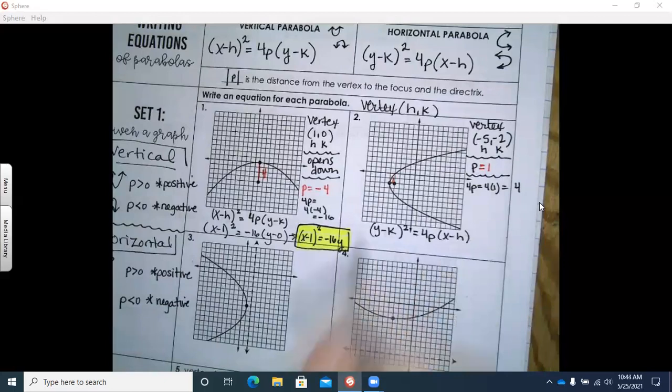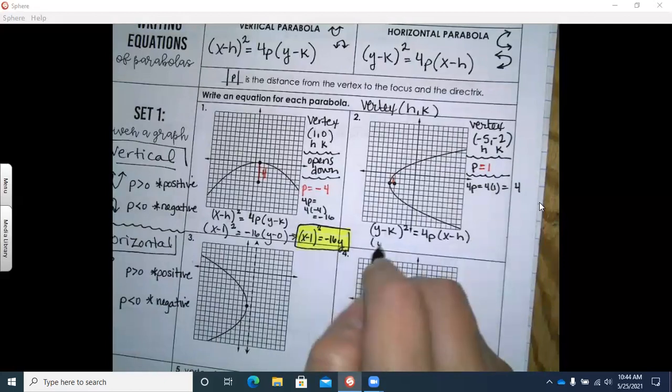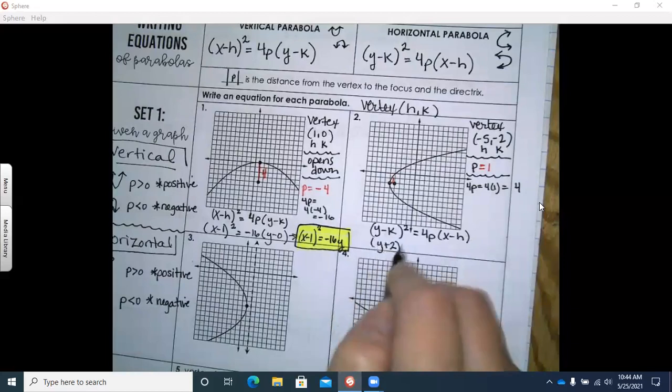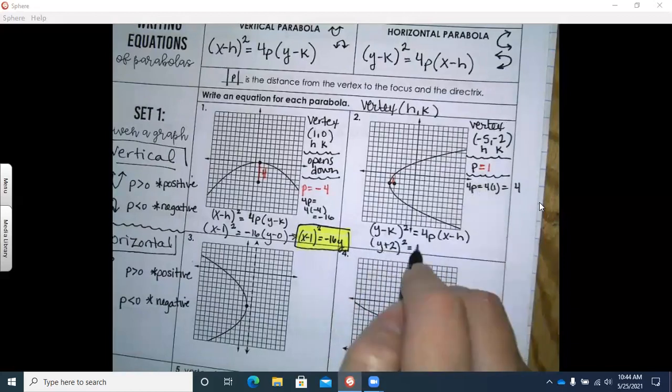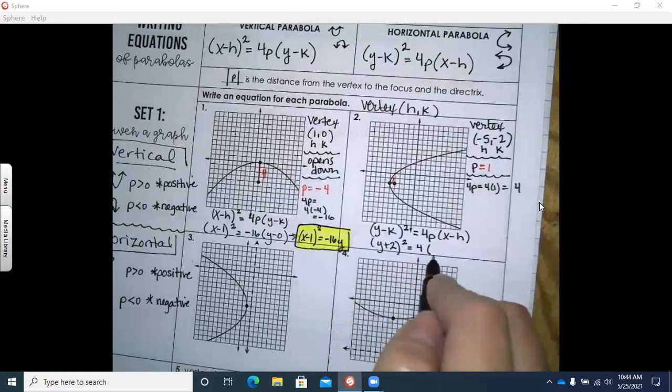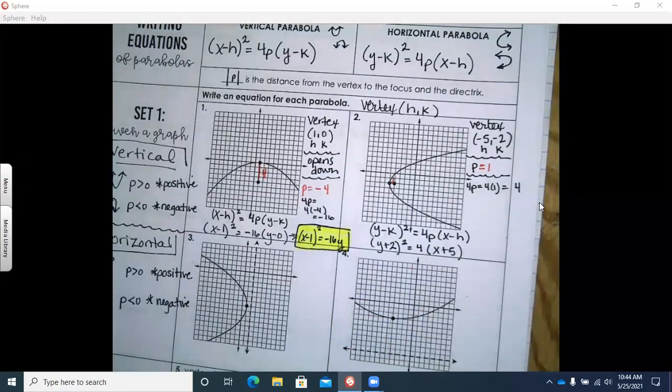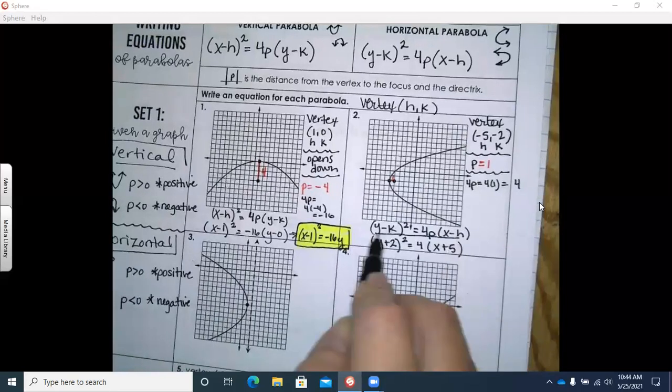So that is why we change it to y plus 2 quantity squared. 4 times p we've already found is 4 times x minus h. In this case, it's going to be x minus negative 5, which we will change to x plus 5. When you subtract a negative, it becomes positive. That looks good. I'm in standard form.